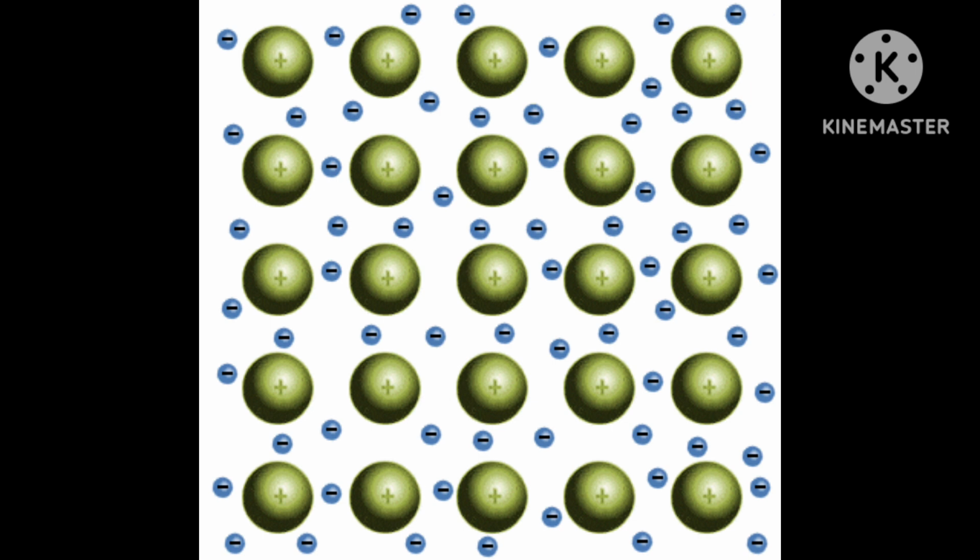These electrons are mobile and are evenly spread out throughout the crystal. Each metal atom contributes one or more electrons towards the sea of mobile electrons. These free and mobile electrons are responsible for the high electrical and thermal conductivity of metals.